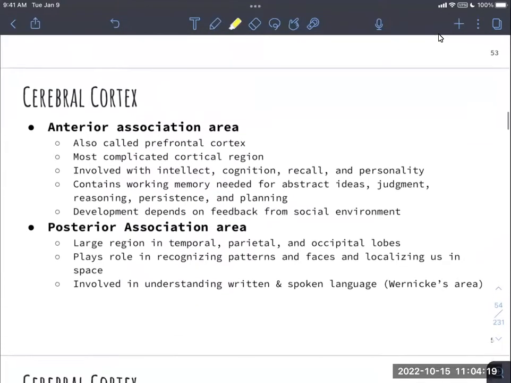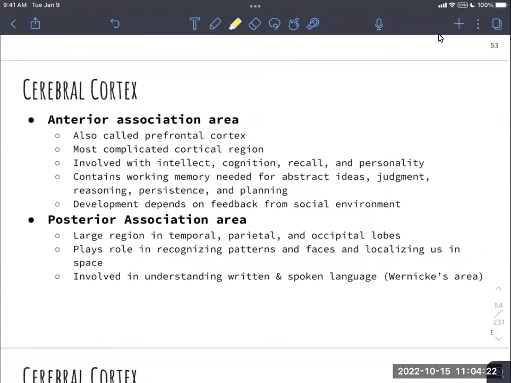So let's look at what these do. Our anterior association area is known as the prefrontal cortex. It's involved with intellect, how smart you are, cognition, recall, important on tests. That anterior association area helps you recall stuff as you read test questions.